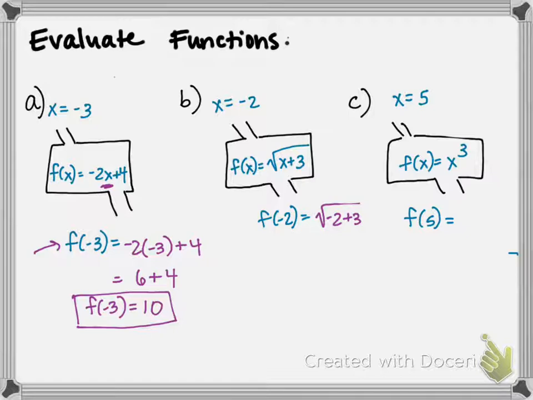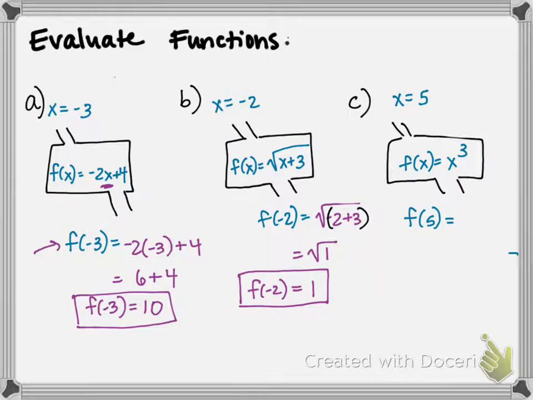Following order of operations, there are invisible parentheses around that -2 plus 3, so we're going to do that first. -2 plus 3 is 1. And then after that, you can do the square root, and the square root of 1 is just 1. So when I plugged -2 into the function f, my output was 1.